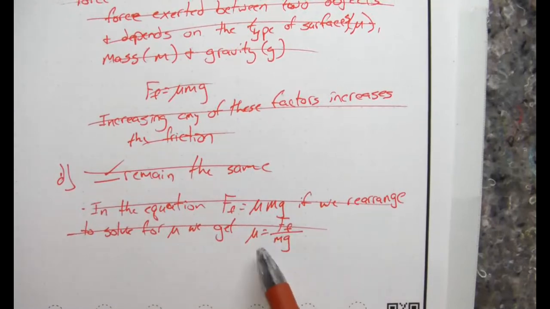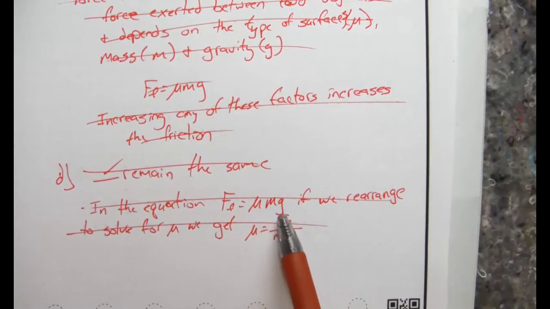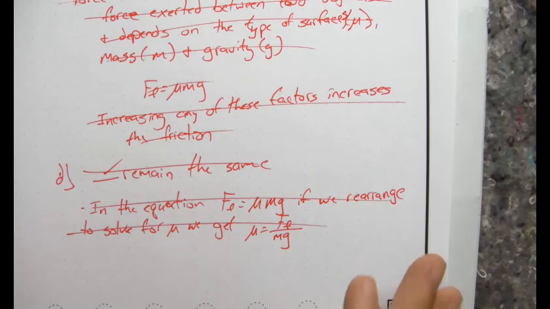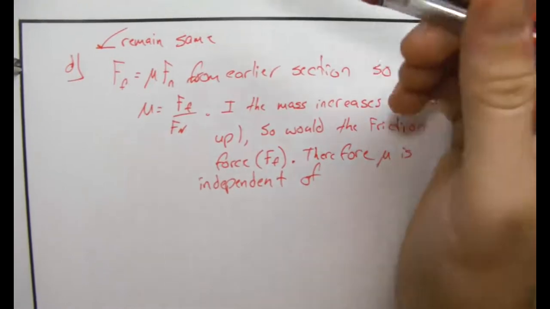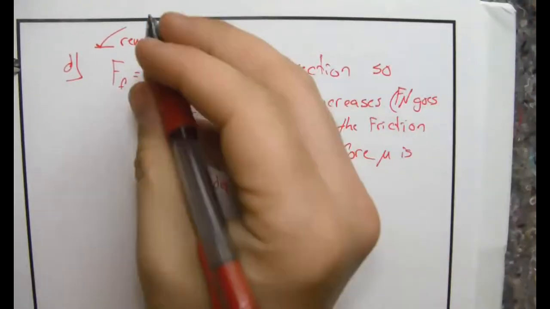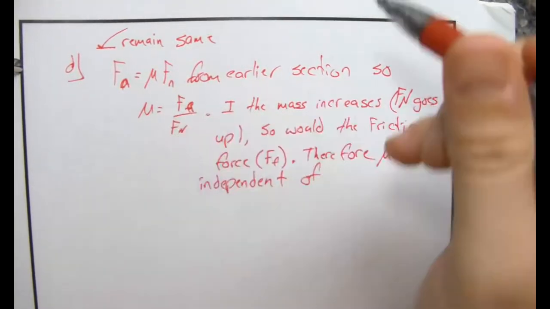And I started going back into this equation for mu mg, and I'm thinking, okay, I don't want to keep this, I don't want to add new stuff. I want to keep what I've always had before. So I marked that out and redid it again. This is what I came up with. Remains the same. So again, this should probably be force applied instead of force of friction.